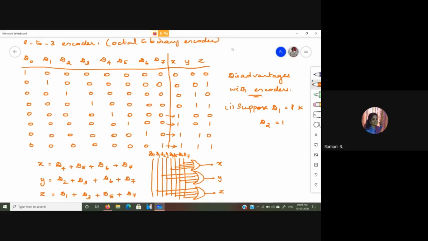So what will be the value of X, Y and Z? By some error, you are having the value of D1 to be 1 and also D2 to be 1. So what will be your value of X, Y and Z? Like in the same row, both D1 and D2 are 1. You need not see it from the table.